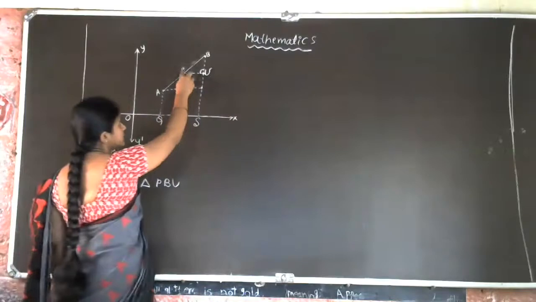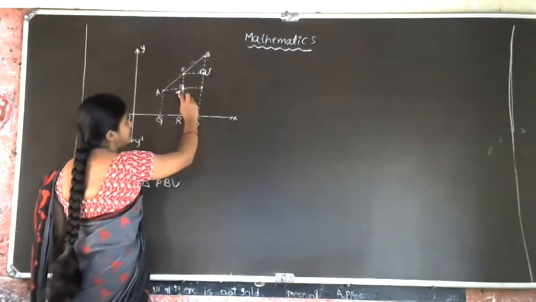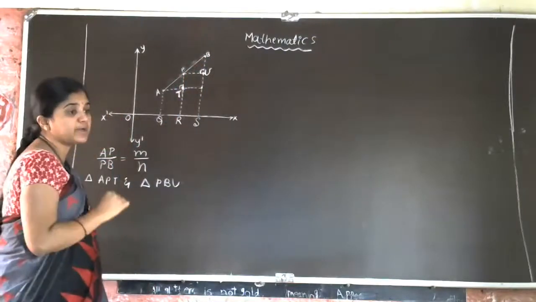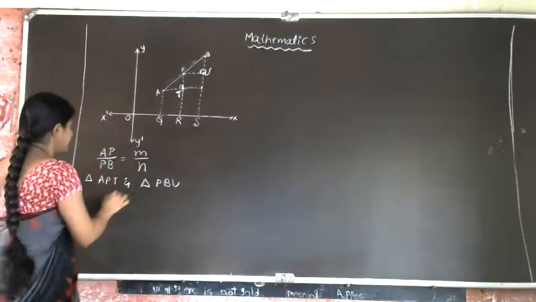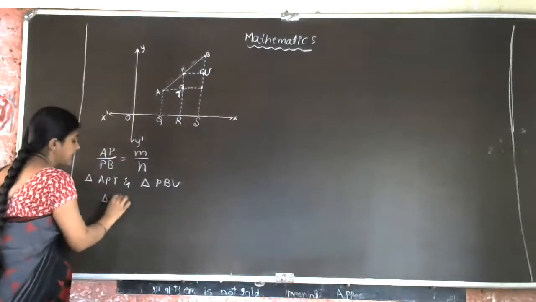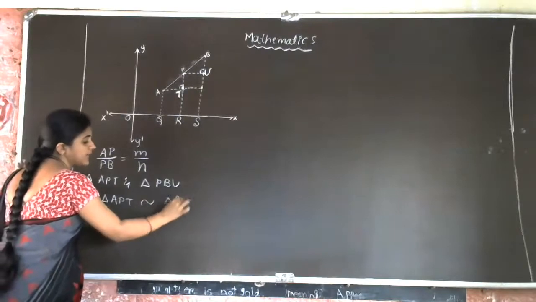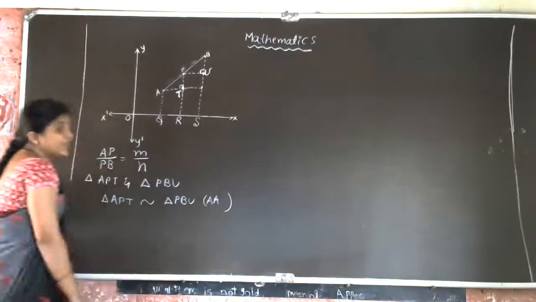So one is angle PTA, which is equal to angle PUB. Another pair is these corresponding angles. That's why these two triangles are similar. So triangle APT is similar to triangle PBU according to AA similarity criteria.